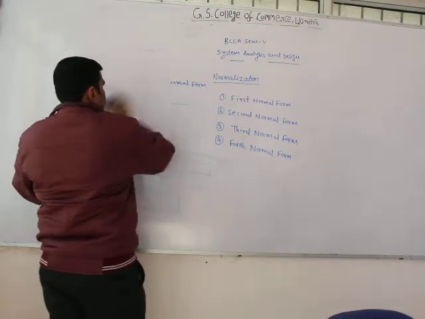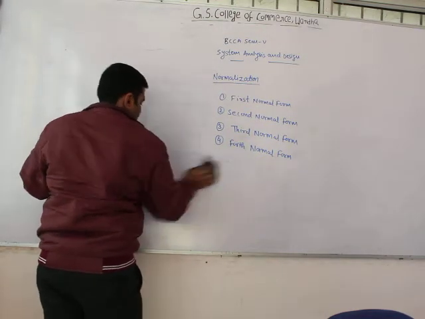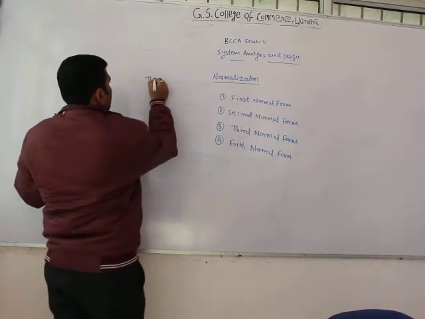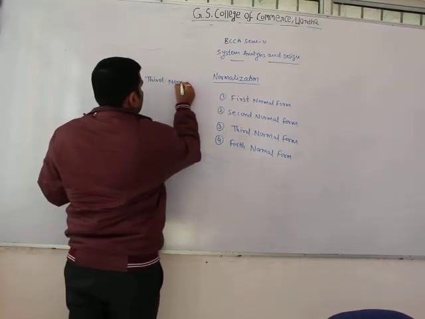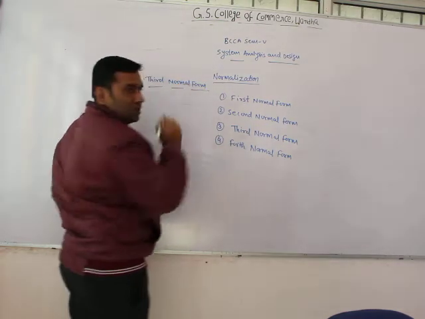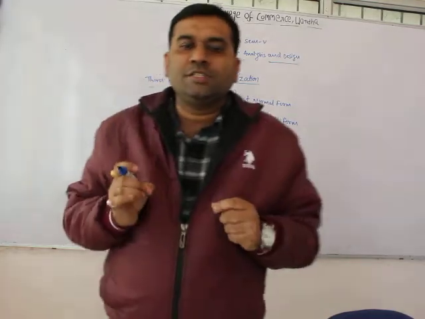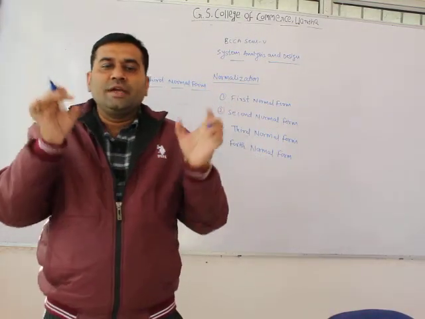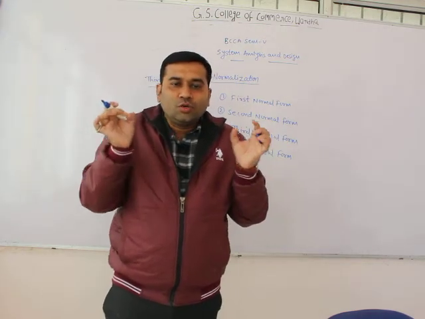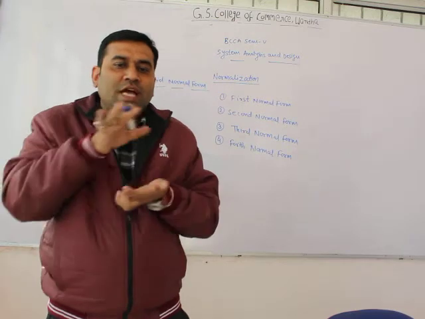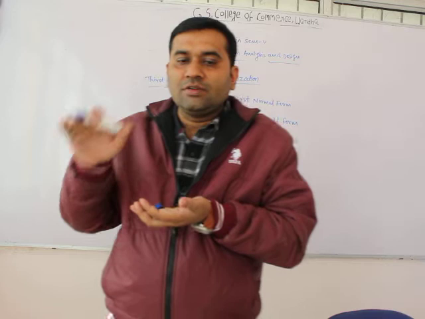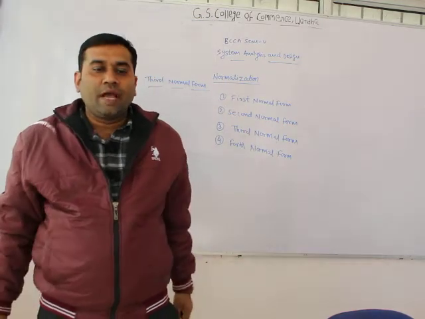Third normal form. For a relation to be in third normal form, it must be in second normal form, and no non-prime attribute may be transitively dependent upon the prime key attribute.